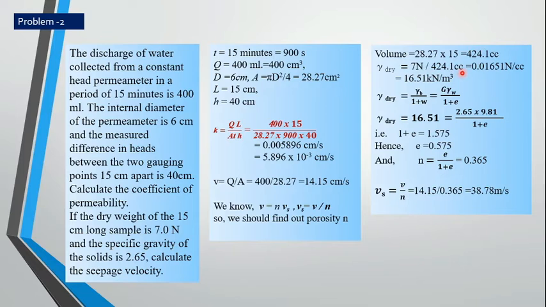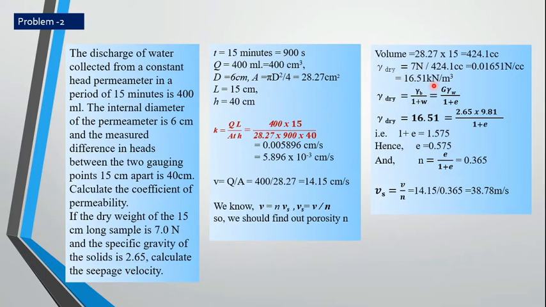So many newtons per cc, or if you convert this into kilonewton per meter cube, it will be 16.51 kilonewton, because newton has to be divided by 10 raised to 3, whereas each of these centimeters have to be divided by 10 square. So overall it will be 10 raised to 6 on the top and 10 raised to 3 in the denominator. That is to say 10 raised to 3 in general.